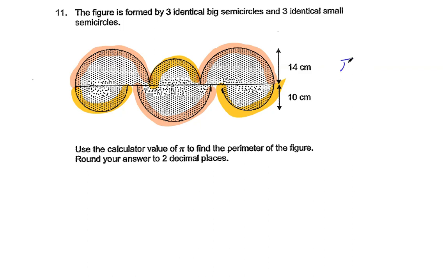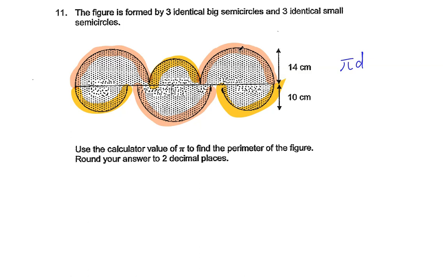So let's write it down over here. In order to find the perimeter of this figure, let's find the diameter of the large semicircle and the small semicircle first. The diameter for the large semicircle will be 14 times 2, correct?